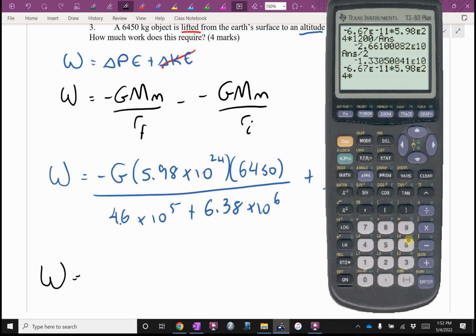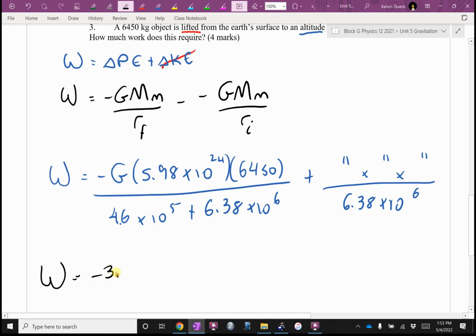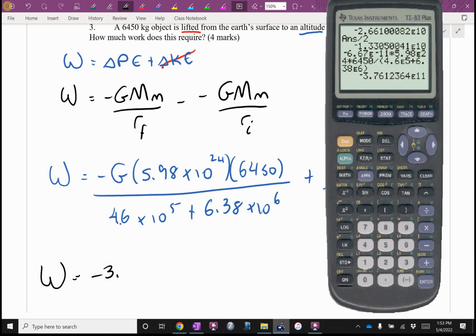Times 6450 divided by bracket 4.6 scientific notation 5 plus 6.38 scientific notation 6. For the first term, you get negative 3.7612 times 10 to the 11th.